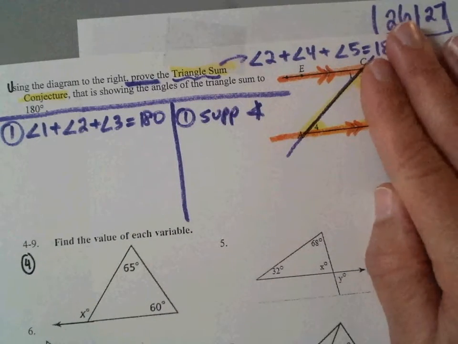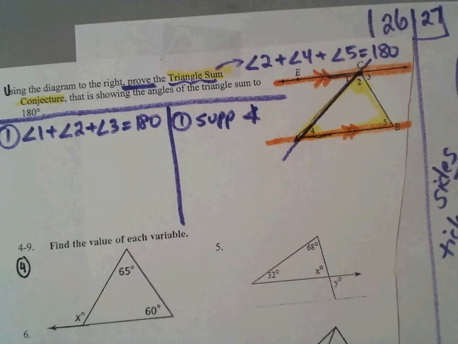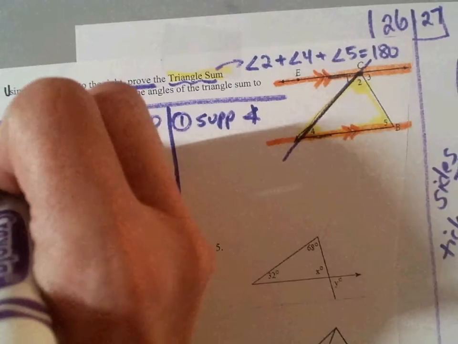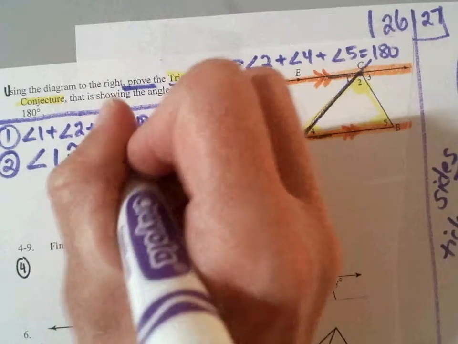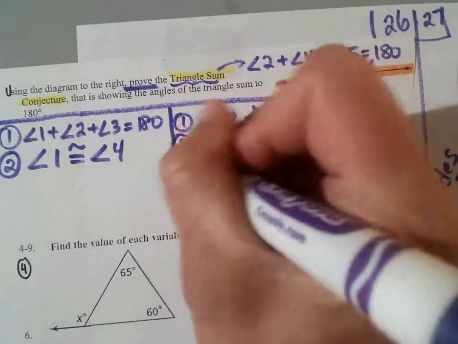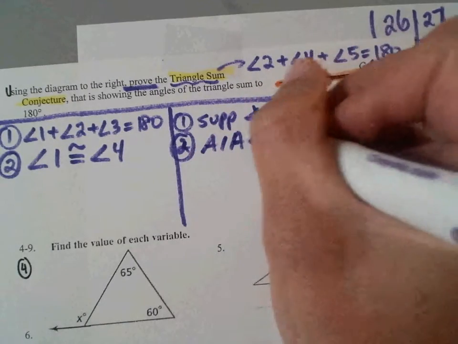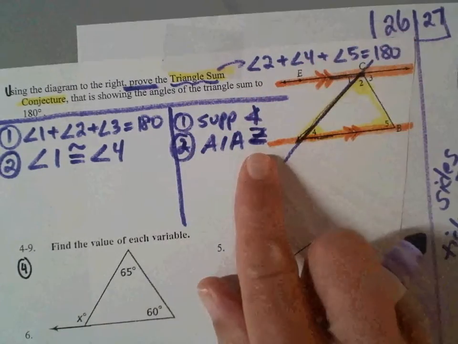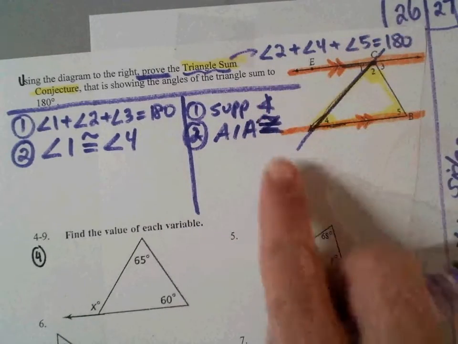I sometimes call them Z angles because I can go like this and make a Z. So number 2 is going to say angle 1 is congruent to angle 4, and I know that because of AIA angles. Alternate interior angles are congruent.